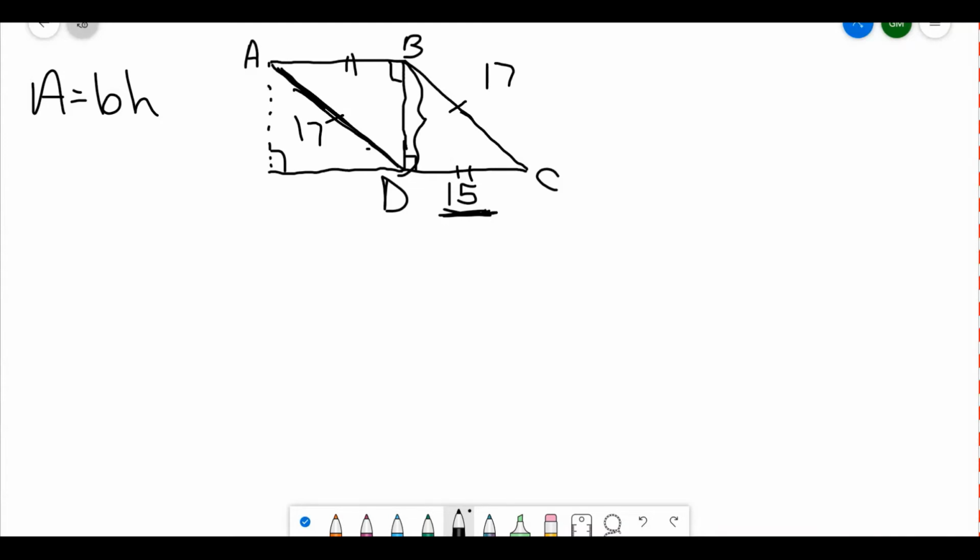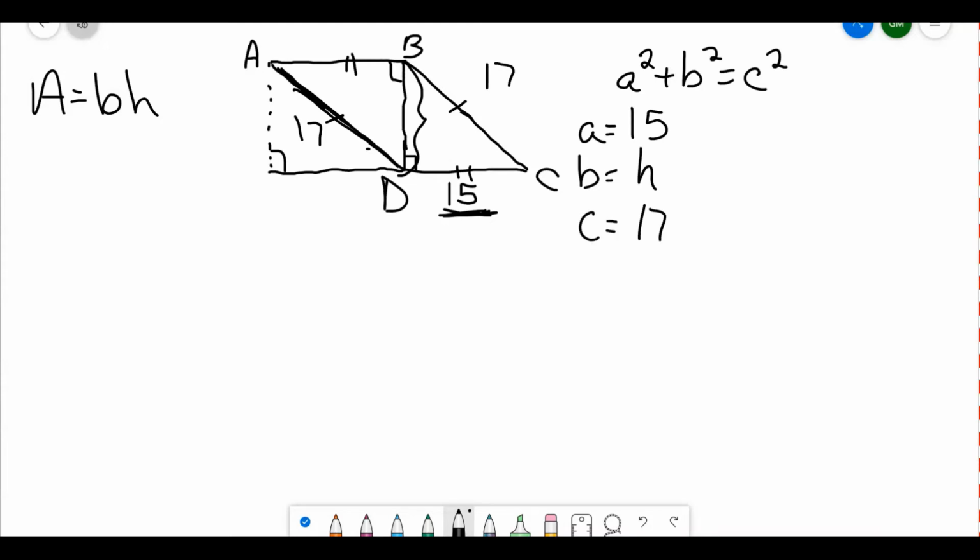So we're going to use our Pythagorean theorem, a squared plus b squared equals c squared. And we are going to have A is 15, B is our unknown, and C is 17. So we're going to have 15 squared plus h squared equals 17 squared.